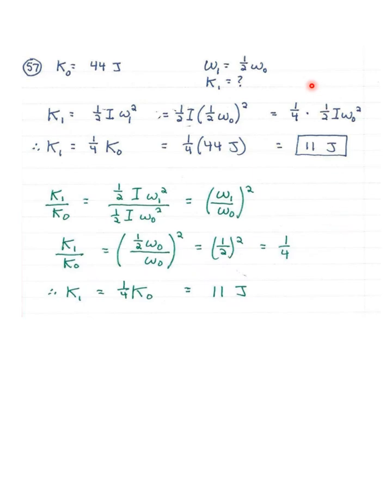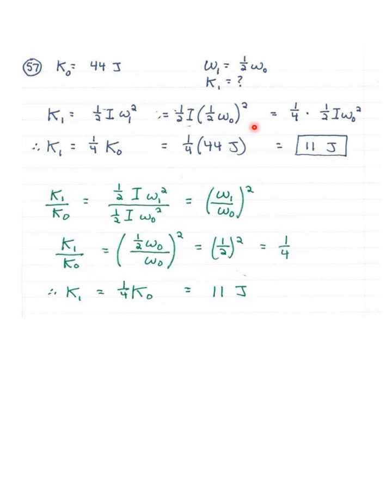We write out the given information, kinetic energy sub 0, because we know kinetic energy is changing, so we're going to use the 0 and the 1 subscript, so 44 joules. We know that omega 1 is half of omega naught, and we want to solve for kinetic energy 1. So one solution is to start with kinetic energy 1 is 1/2 I times omega 1 squared. Then we're going to substitute in for omega 1, it's 1/2 omega naught, so we have 1/2 omega naught squared.